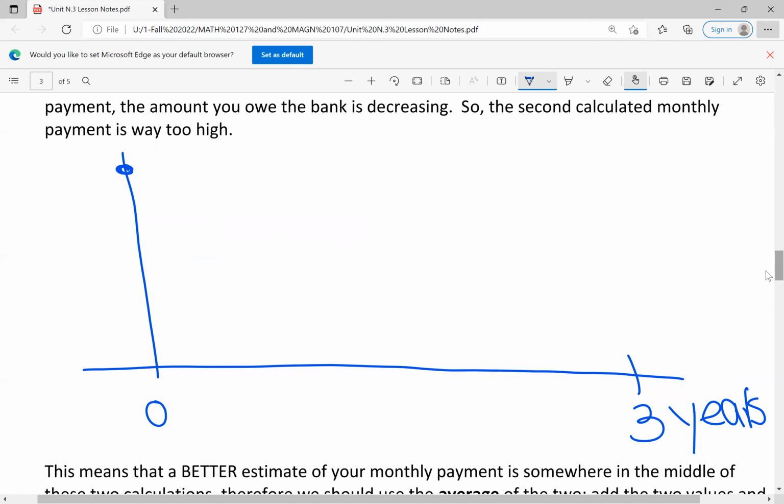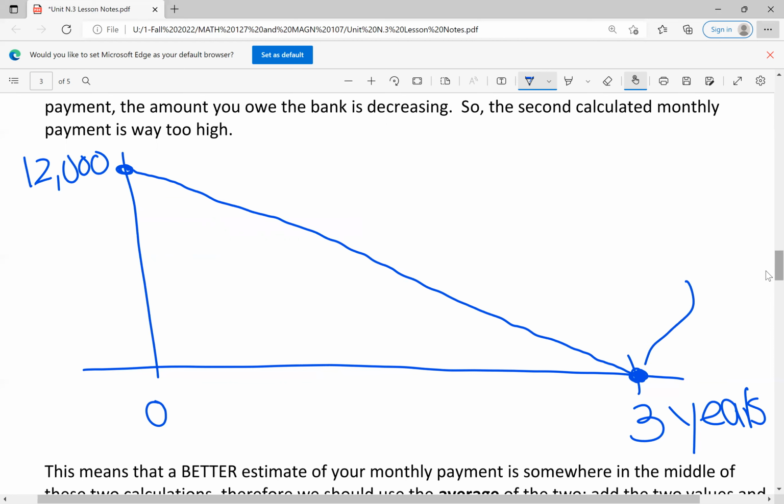I just took out this loan. We are starting with $12,000. But every time I make a payment, it is decreasing until after 3 years, my loan balance is 0. So I am done paying that loan.